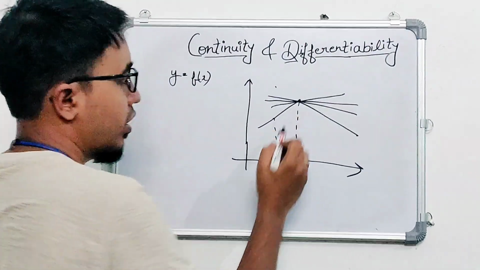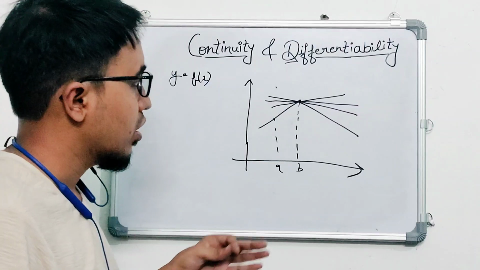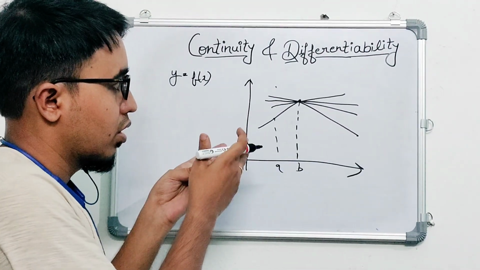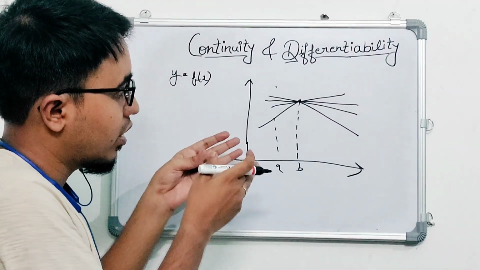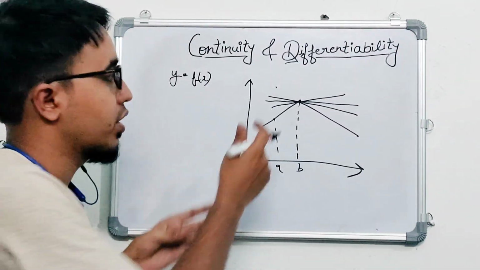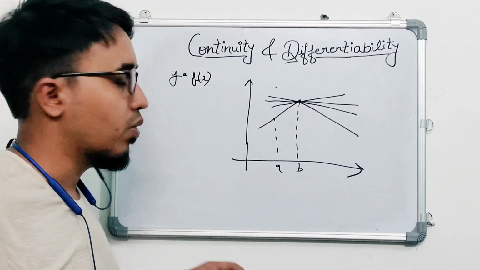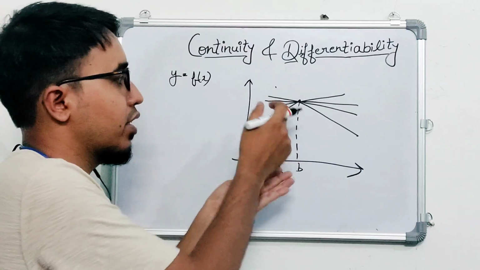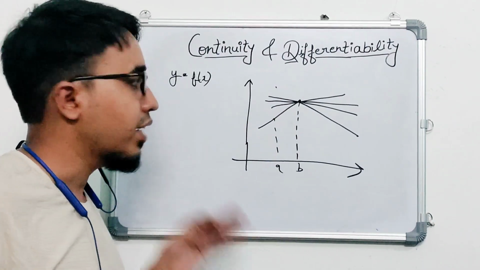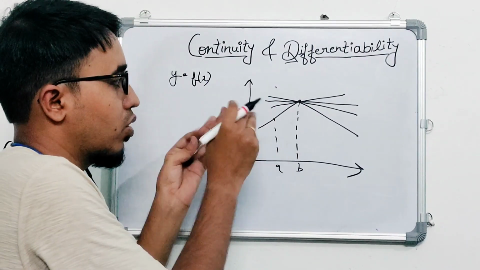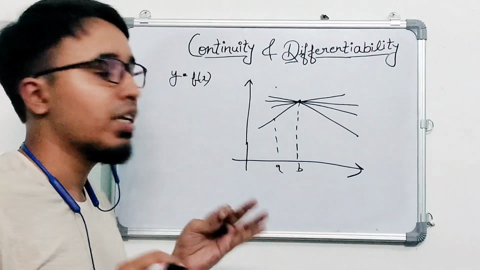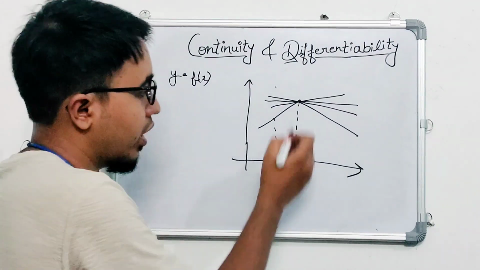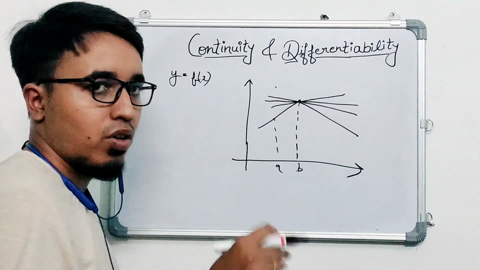So from this point I am making more than two tangents, and you can say that you can make an infinite number of tangents at this point. What does it mean? It means we are not able to make a unique tangent at this point. So there is no unique derivative here, or the derivative of this function at point B does not exist.